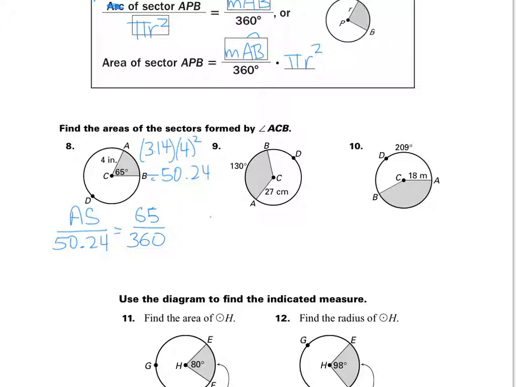So 360, my stylus doesn't want to work, equals 326.56.